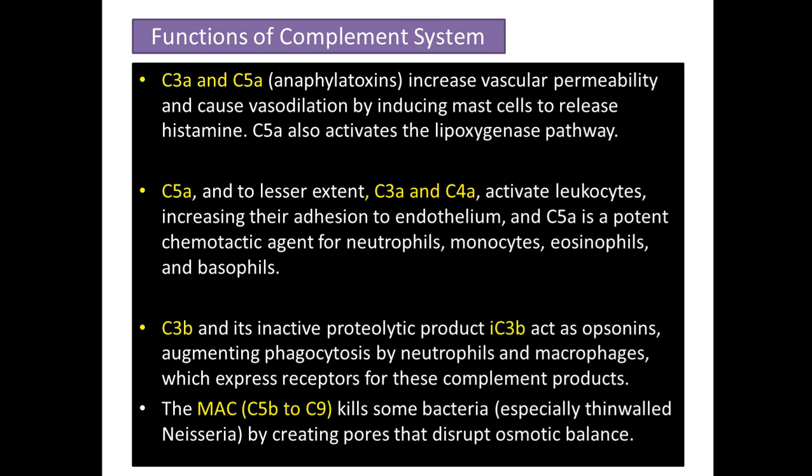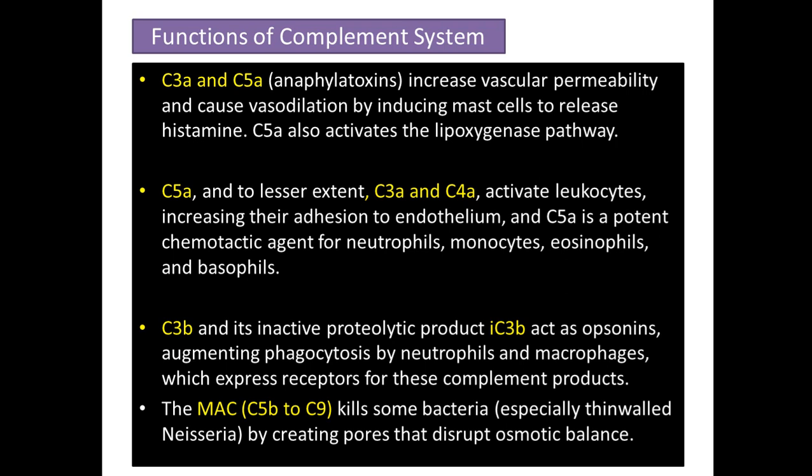This function is achieved by the breakdown of the mast cells which release histamine. And C5a also activates the lipoxygenase pathway. If you remember, during the arachidonic acid metabolites, we have studied that there are two pathways, the cyclooxygenase pathway and the lipoxygenase pathway.